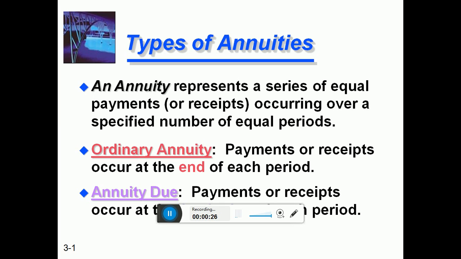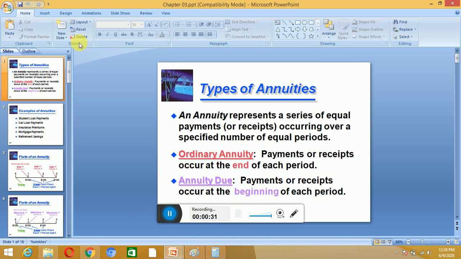What is basically an annuity? An annuity represents a series of equal payments. It can be receipts. For the receiver it is receipts, and for the payer it is payments, occurring over a specified number of equal periods. Keep in mind two things in an annuity.